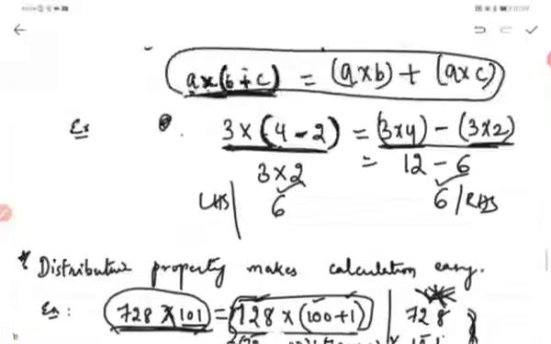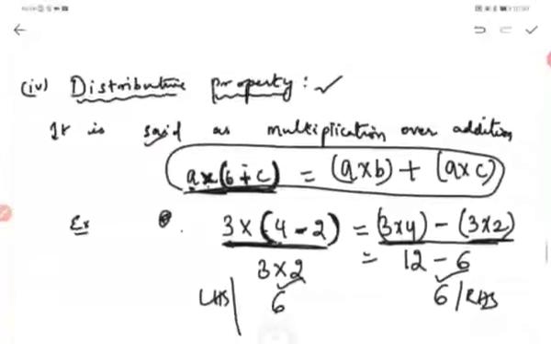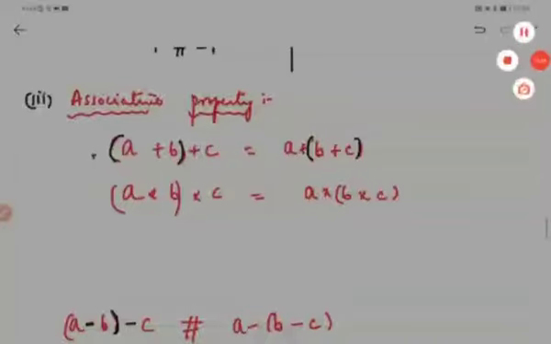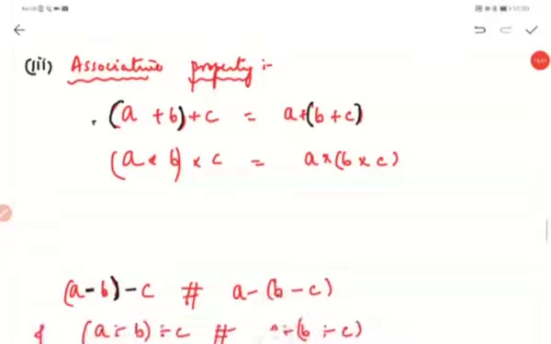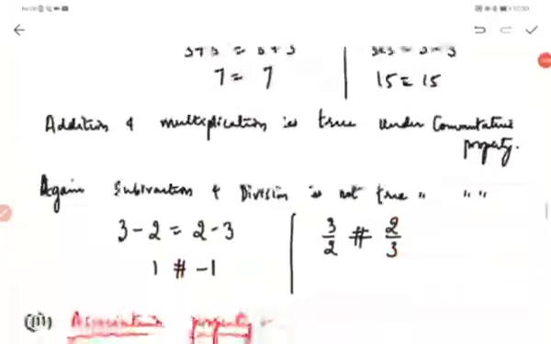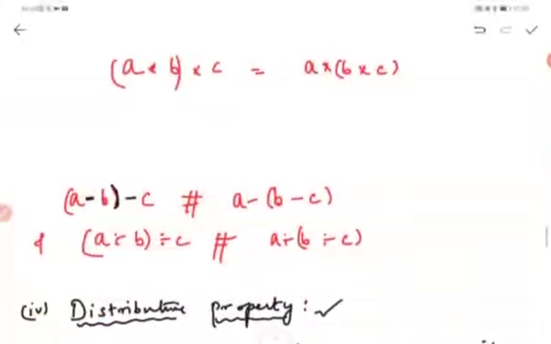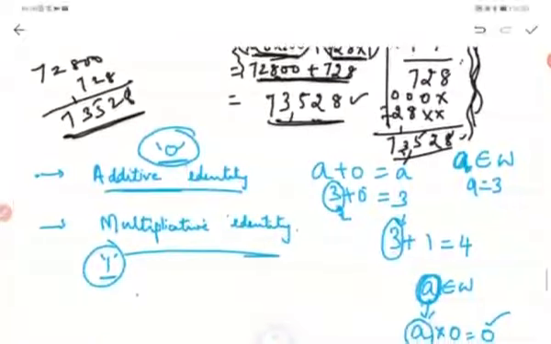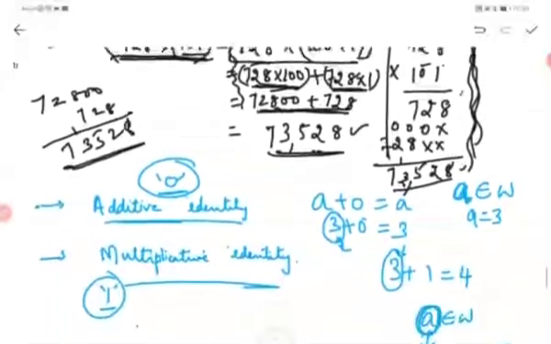We are going to do many problems in our live class, inshallah, so that you become perfect with all these properties and how to use them in problems. Maybe I will take some examples in the next video, if possible.